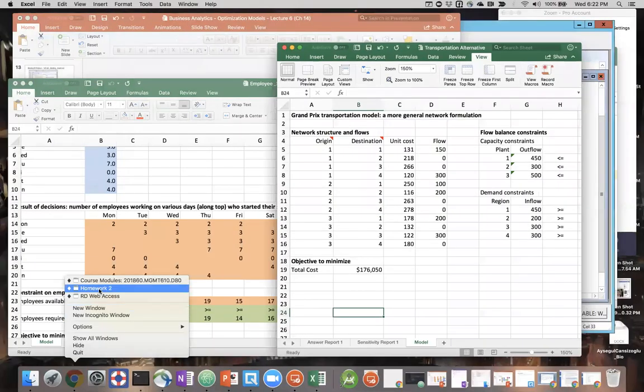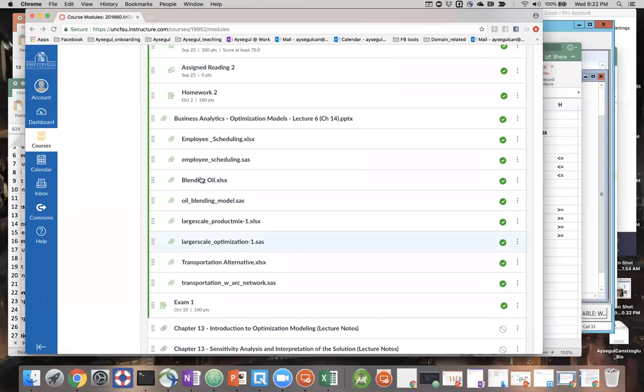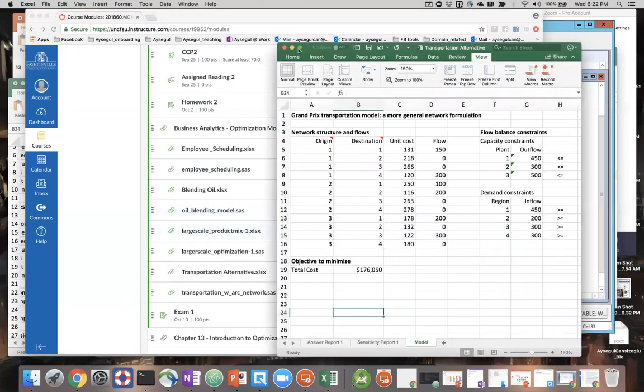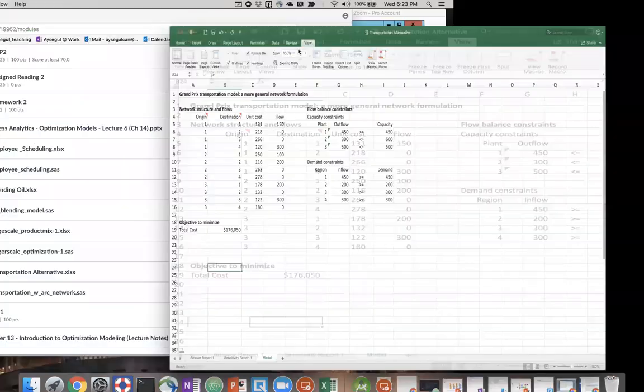If you want to follow through, you can see that right now we are going through these lecture 6 notes, and underneath we have a bunch of files, and these are the files I am sharing with you right now. The one that we are looking at is this one, which is transportation alternative. And we will go through the SAS as well, but I think Excel is quite helpful for this problem. So let's go through that first.